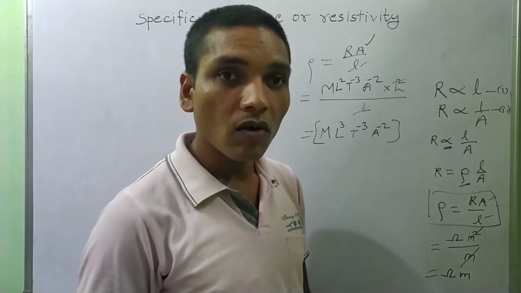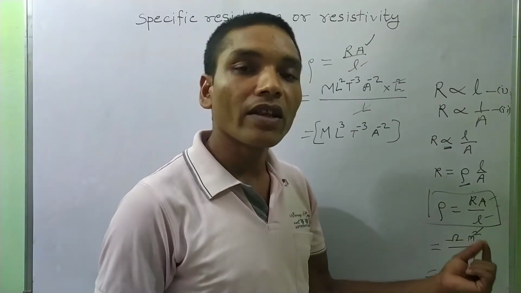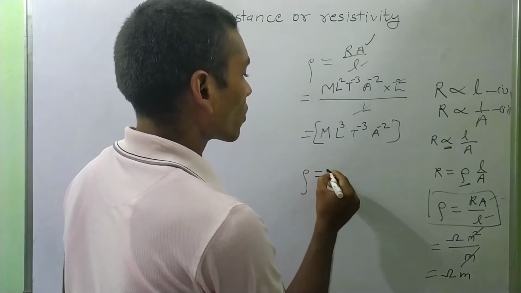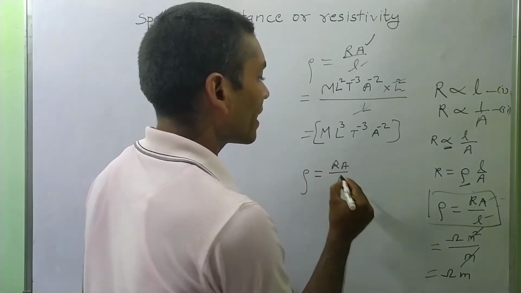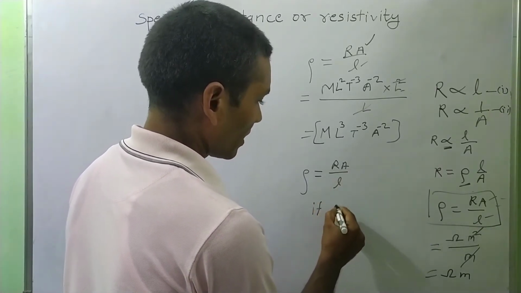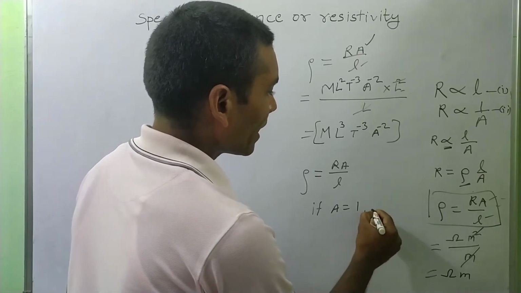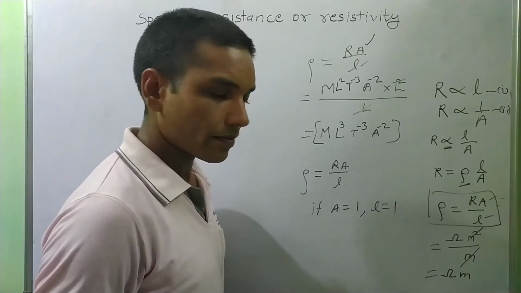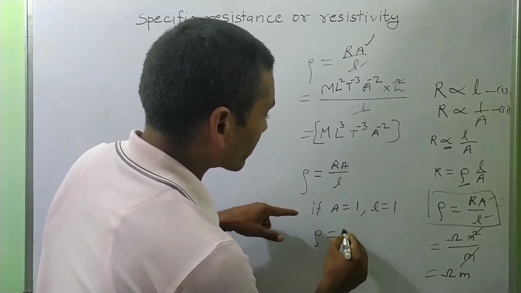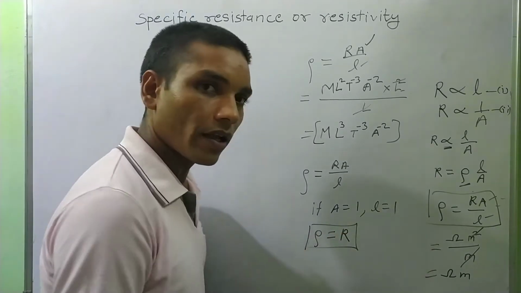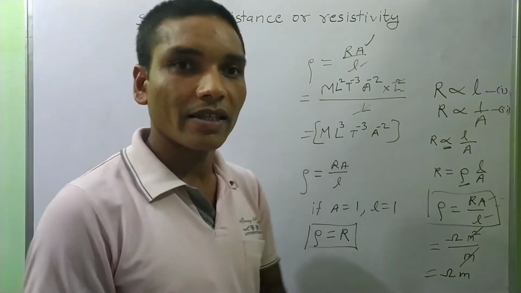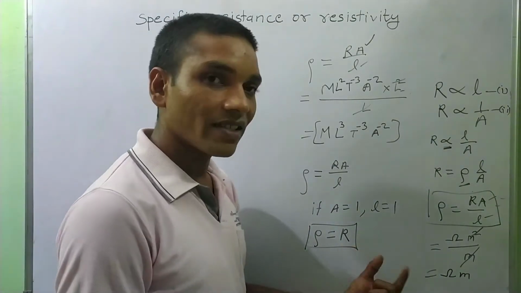Now what is the definition of the resistivity? From this equation, rho equals R A upon L. In this equation, if A equals 1 and L equals 1, then rho will be equal to R. So from this equation, we can say that the resistivity is equal to the resistance.